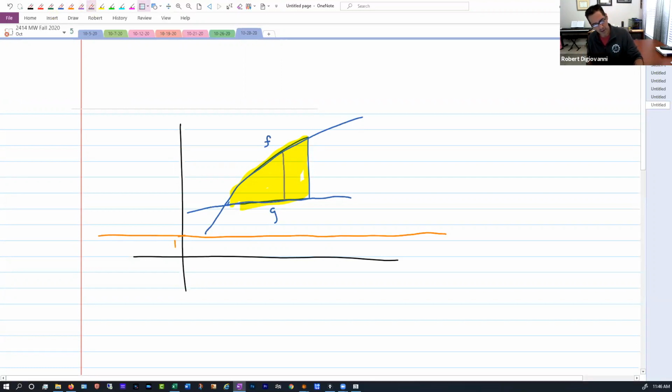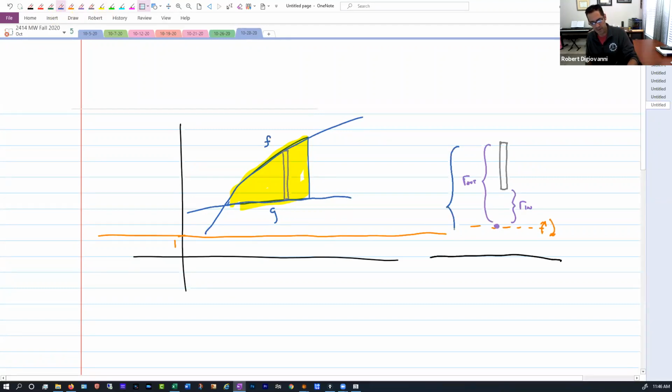If I draw a rectangle here, move it to the side, put my x-axis, put my axis of rotation here, then I'm standing on the axis of rotation. The outer radius is here, the inner radius is here.